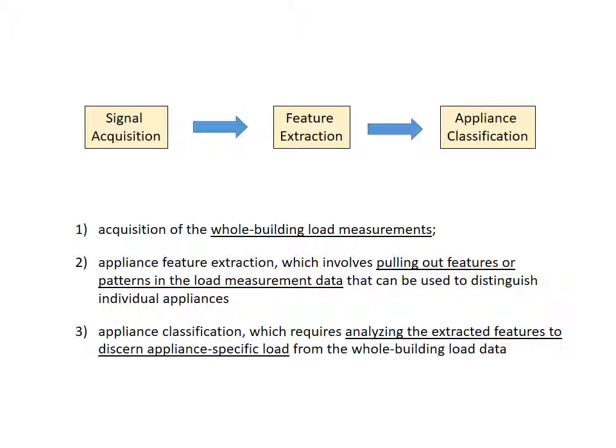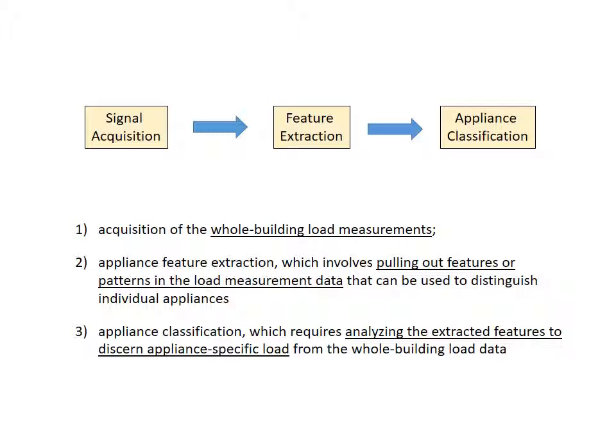So the general approach I'm going to lay out for traditional non-intrusive load monitoring is as follows. First, there's signal acquisition, which just means installing a smart meter and having the ability to get that blue signal that's not disaggregated.